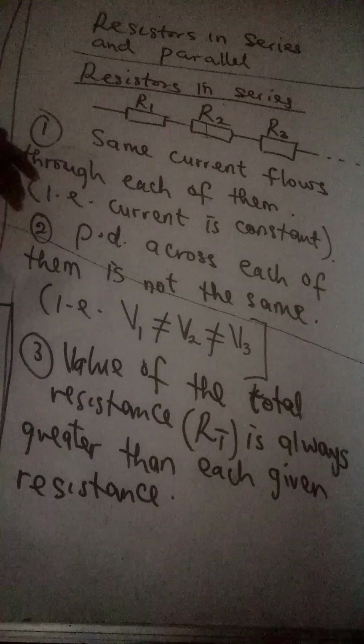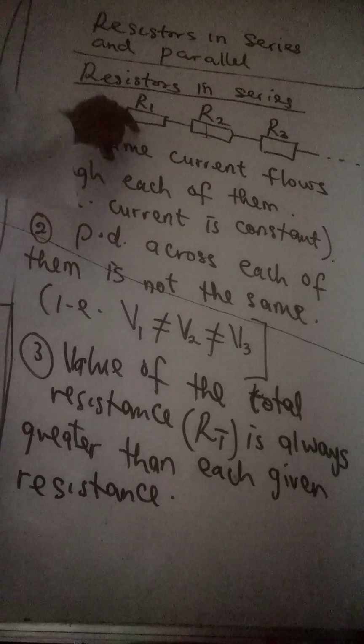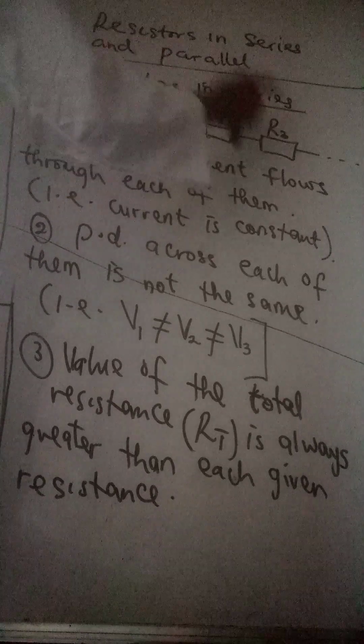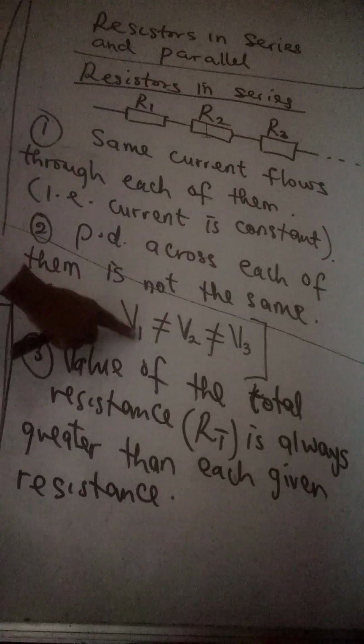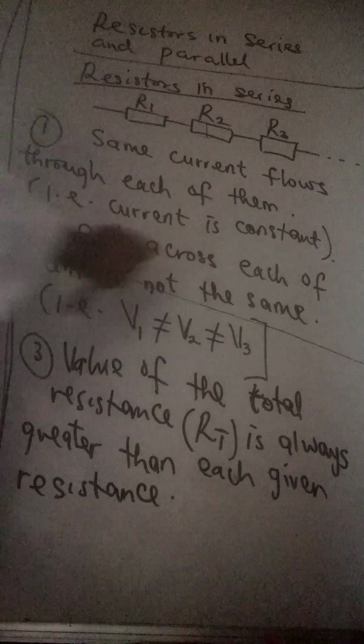But if the values of the resistances are different, then the voltage for each of them will be different. That is why I wrote this: V1 is not equal to V2, is not equal to V3.